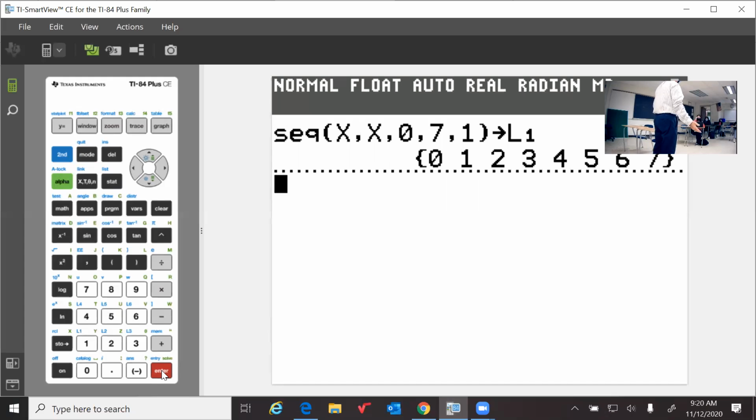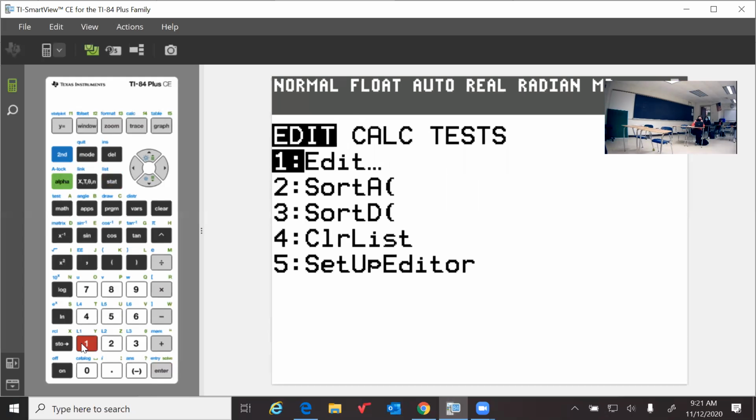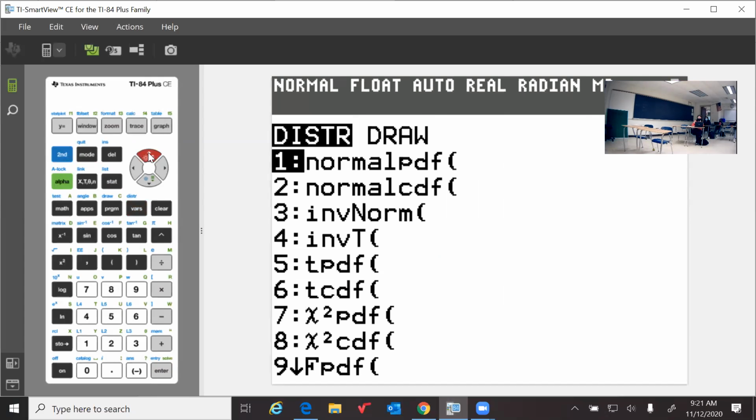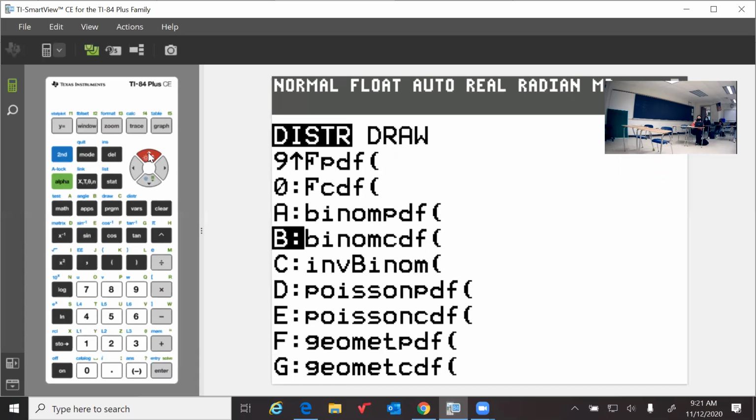Yes? But instead of doing all the individual calculations by hand, one at a time, we can do this in the stat editor. So we go to stat, edit. Here's what we want in list 2. The distribution is binomial, and we want each individual outcome 0 through 7. We don't want cumulative.